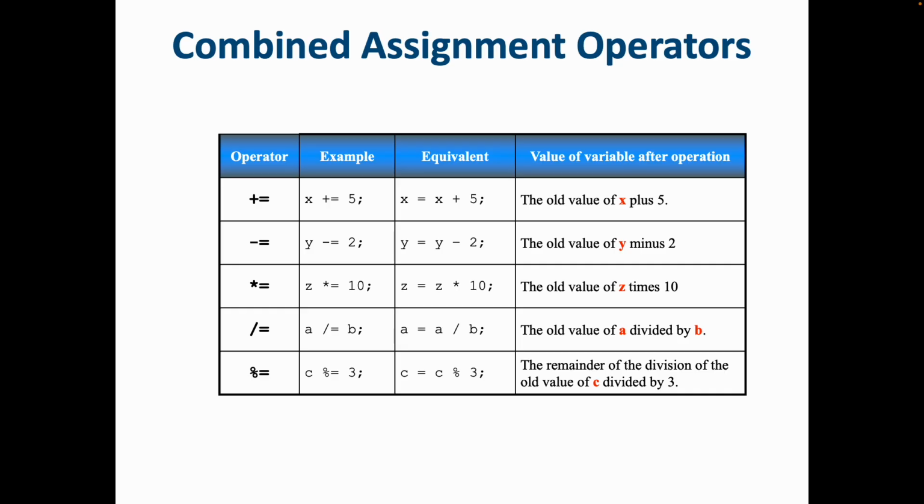If you want to say A is equal to A divided by B, or Z is equal to Z times 10, instead of writing this, you can just say Z *= 10. It means do that operation with that number on the variable at the left. Like y -= 2 means decrease y by 2. So these two have exactly the same meaning.